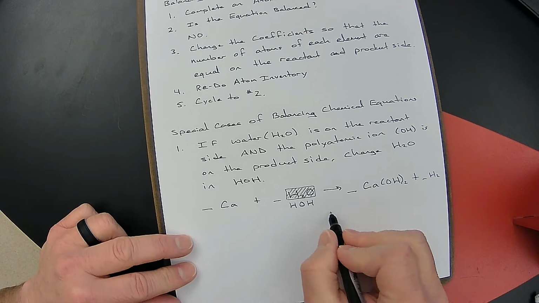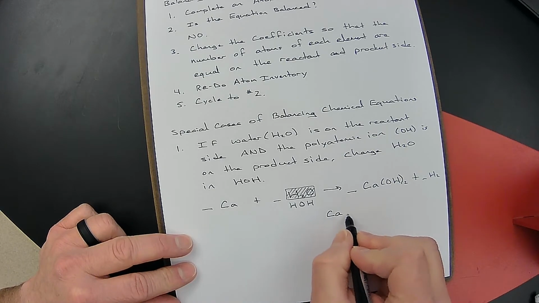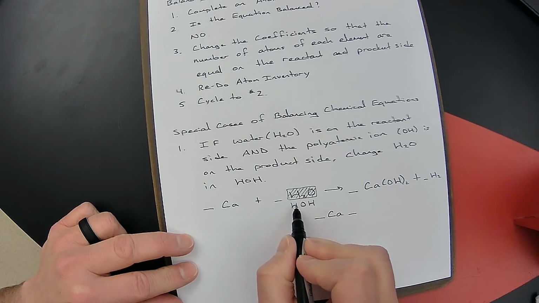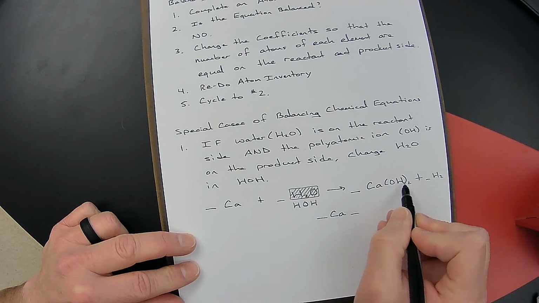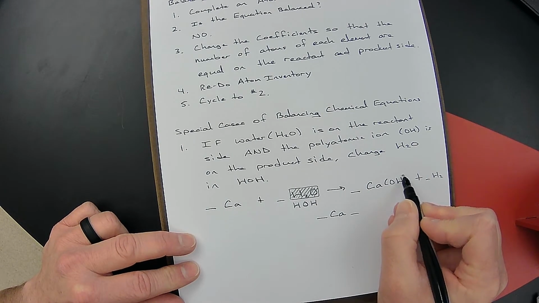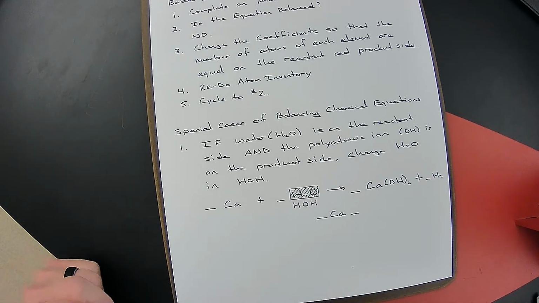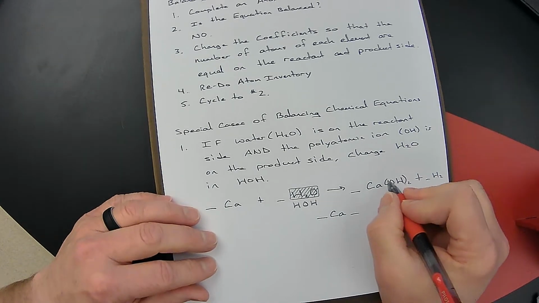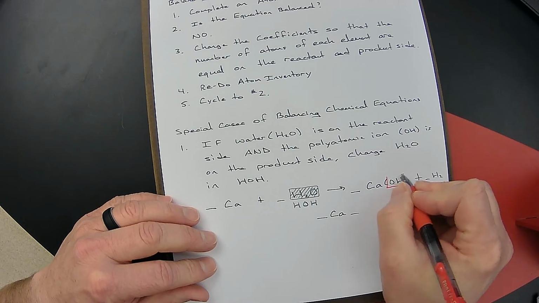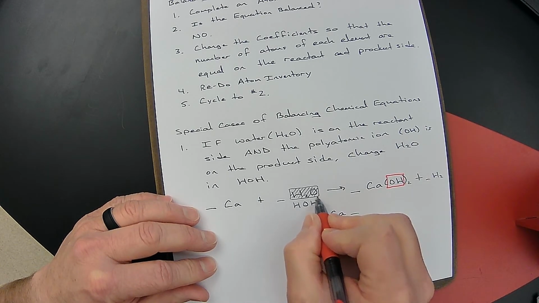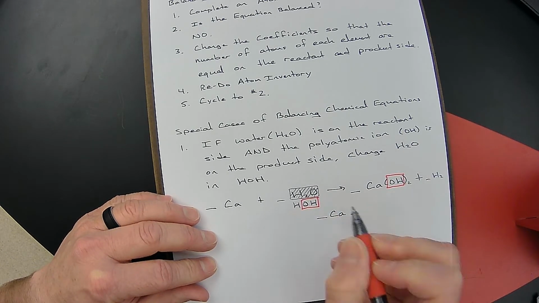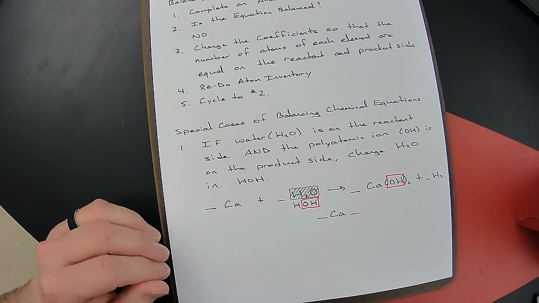So now when I complete my atom inventory, I have Ca, and I'm going to keep this group of OHs together. Instead of counting those O's and H's separately, we're going to count them together as a group.